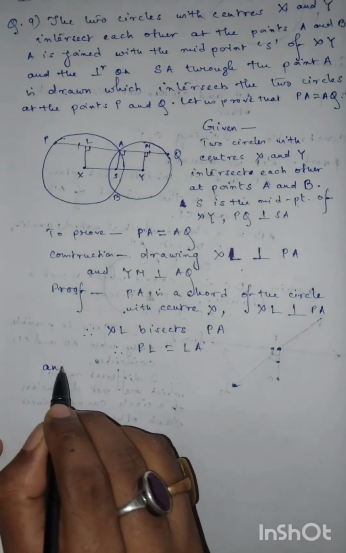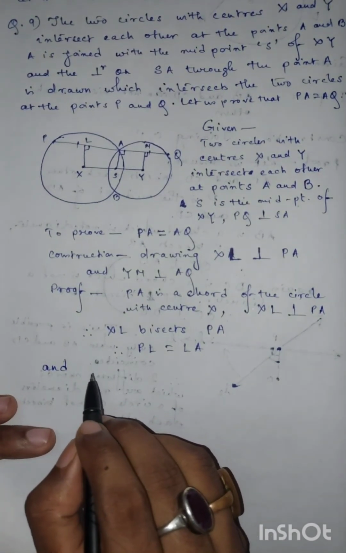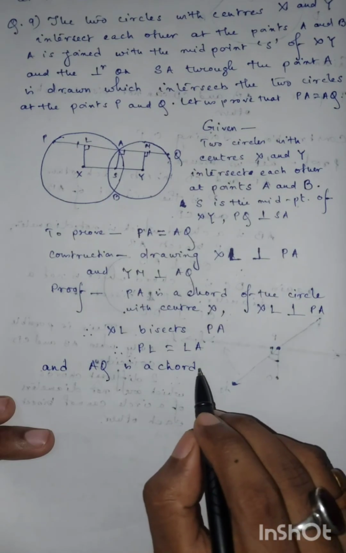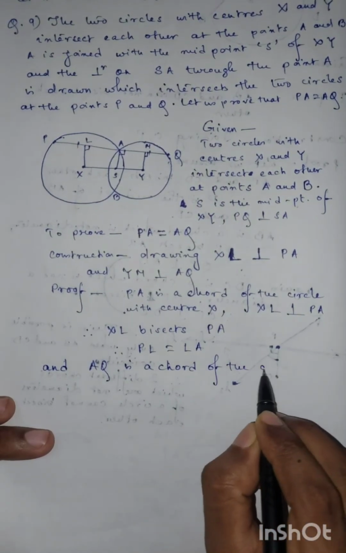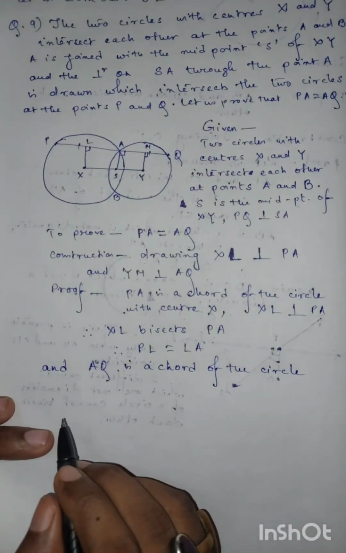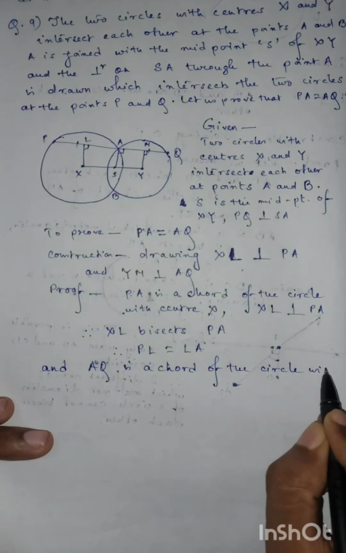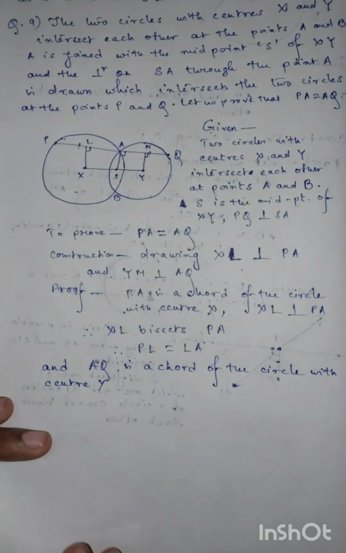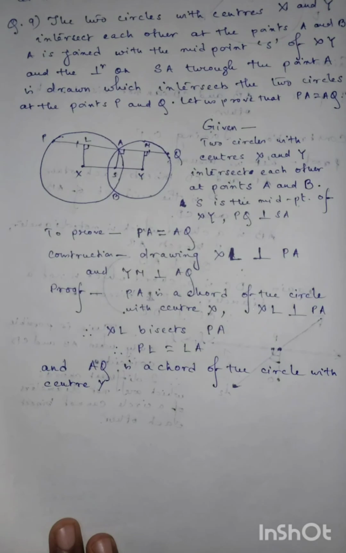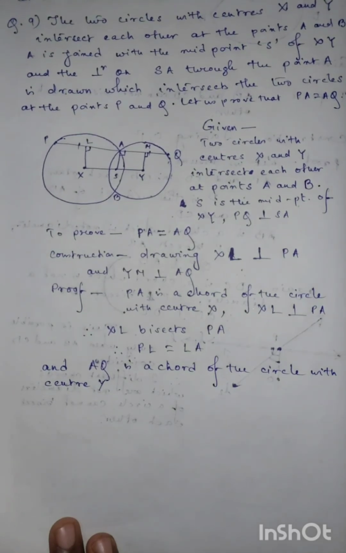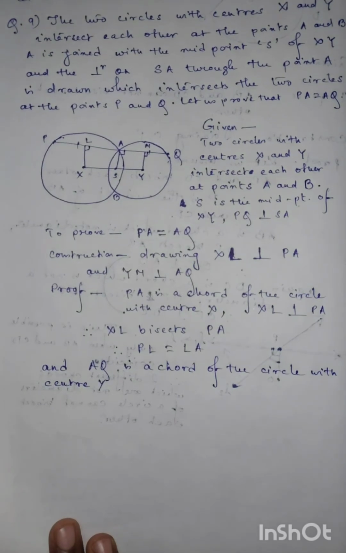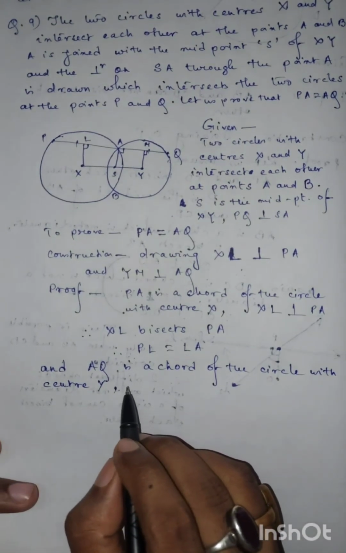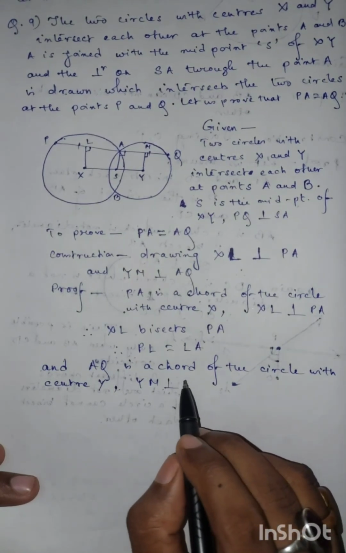And AQ is a chord of the circle with center Y. YM is perpendicular to AQ.